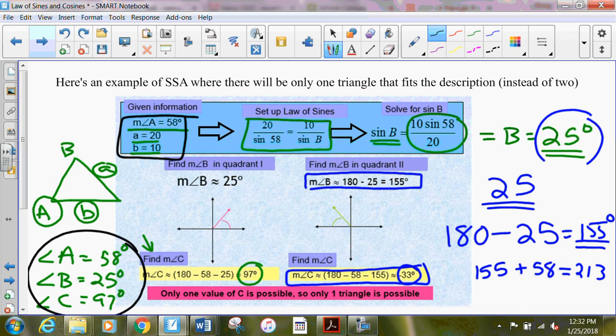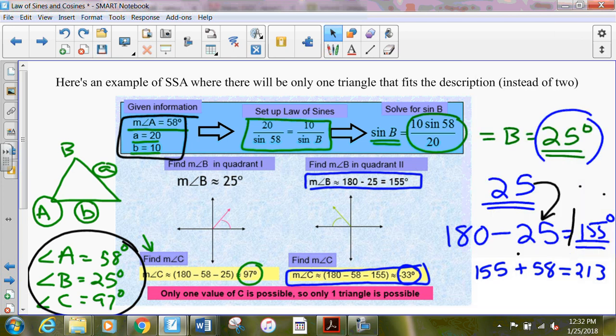It worked for my first triangle, but when I went back and subtracted 25 from 180 to find my obtuse angle, there was no room for that obtuse angle. It couldn't make a second triangle. And so for this one, there's only one triangle out of the information they gave us about angle side side.